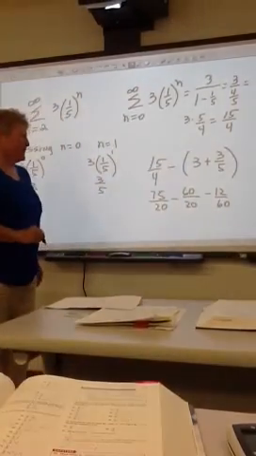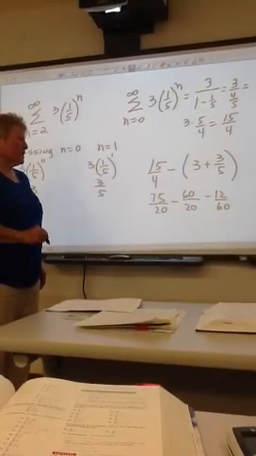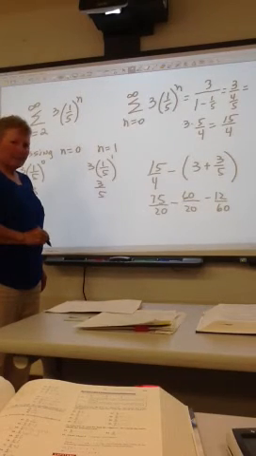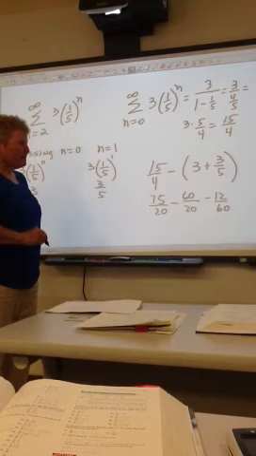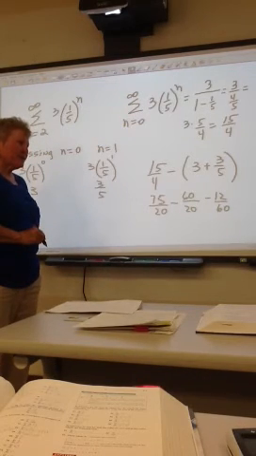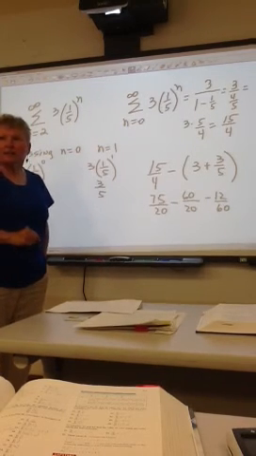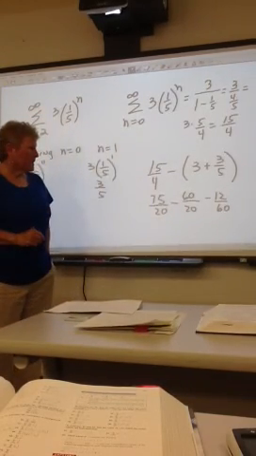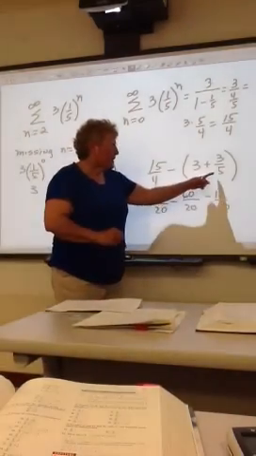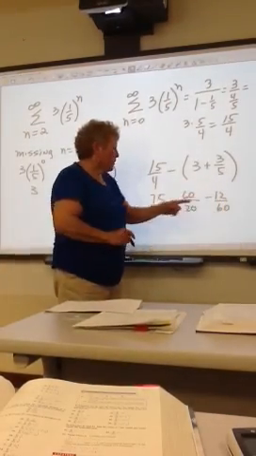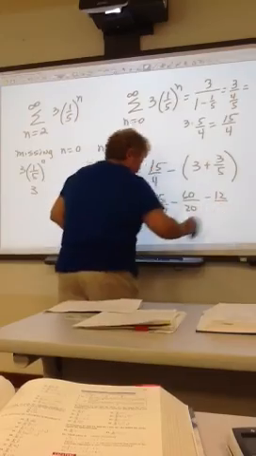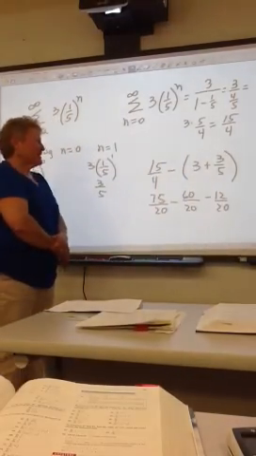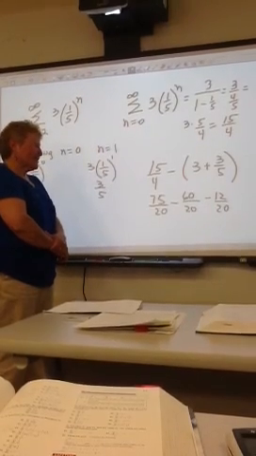So 75 minus 60 is 15, and 15 minus 12 is 3, over 20.